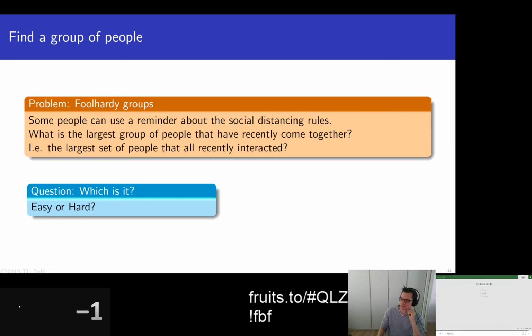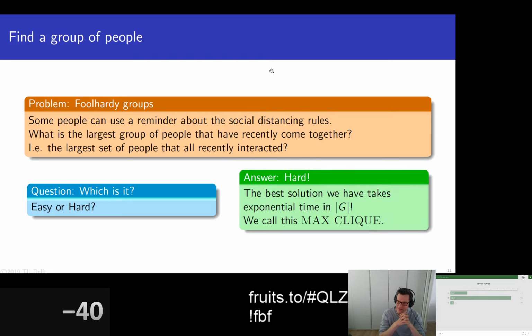Okay, and let's see. Either you see where I'm going with this, or you're working, or you have a good intuition for this. 3/4 of you say this problem is hard, and you're right. So what do I mean with this problem to be hard?